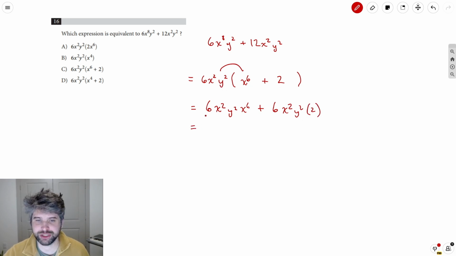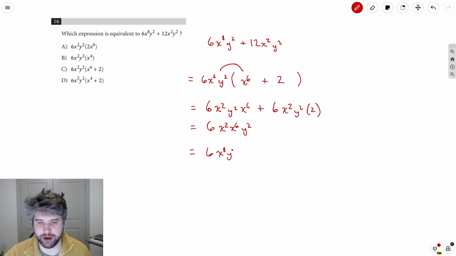When we rearrange these factors here, we can multiply the x squared with the x to the 6th, like so. When these multiply together, remember that exponent rule that I taught you: you add the exponents together. So that's just going to be 6x to the 8th y squared. Plus, we didn't do anything with this.